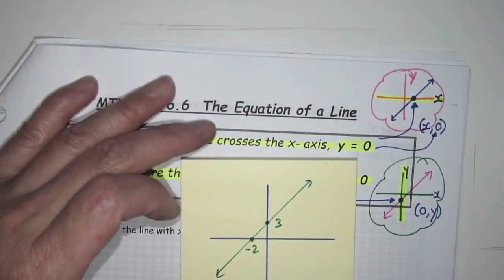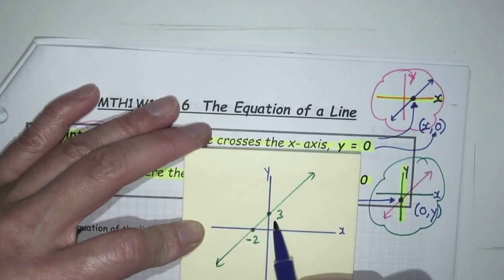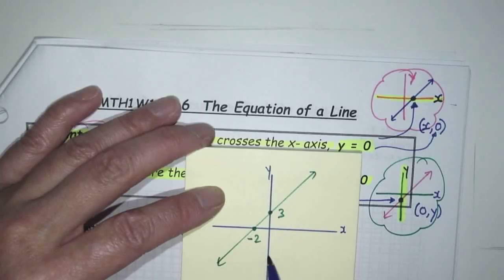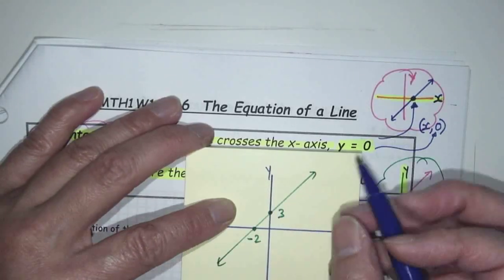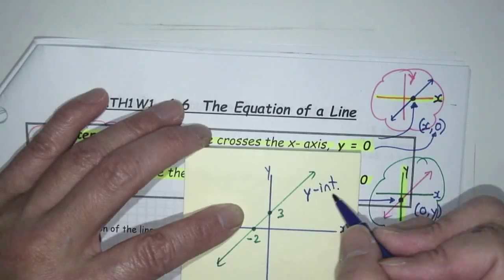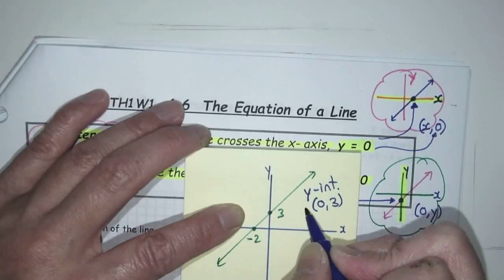If I gave you this and said, here's a line, this point here, this value right here, 3, is the y-intercept. Sometimes we write it in short form, y-int. My y-intercept would be at 0, 3, if you write that as a coordinate.